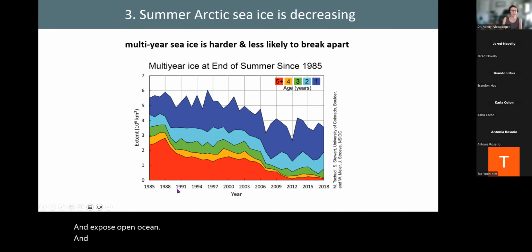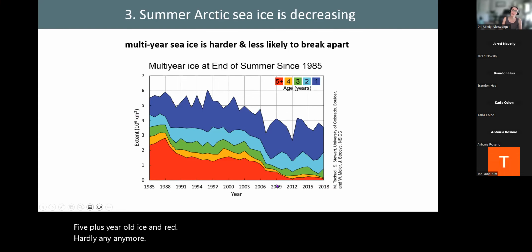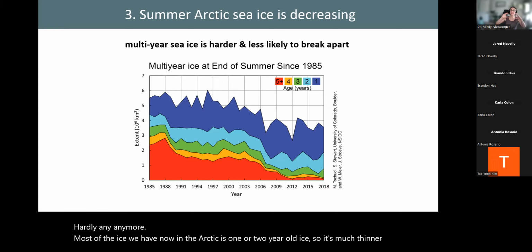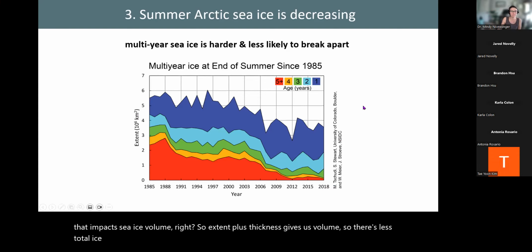We look at this data set from 1985 through 2018, so it's already 5 years old now. 5+ year old ice in red, hardly any anymore. Most of the ice we have now in the Arctic is 1 or 2 year old ice, so it's much thinner. And that impacts sea ice volume, right? Extent plus thickness gives us volume, so there's less total ice in the Arctic.